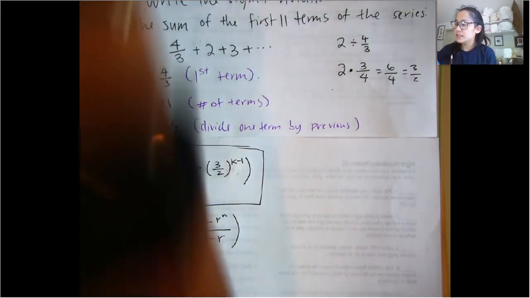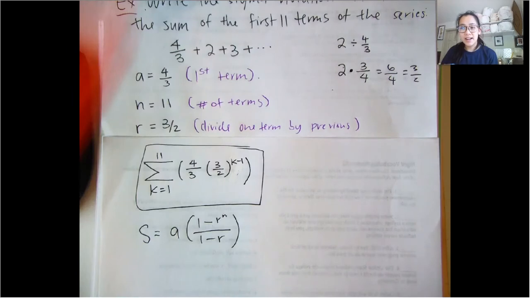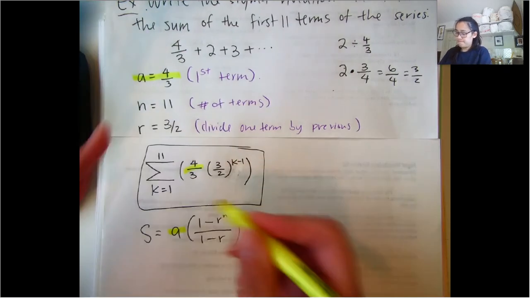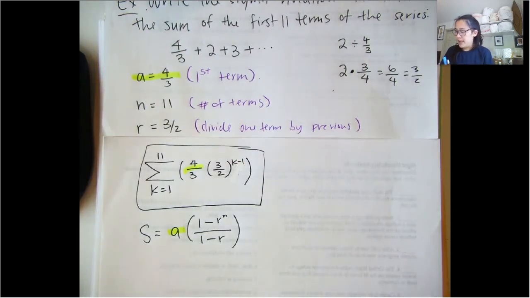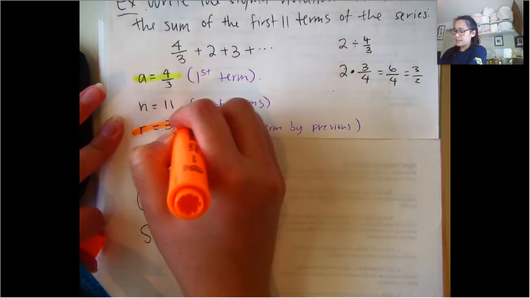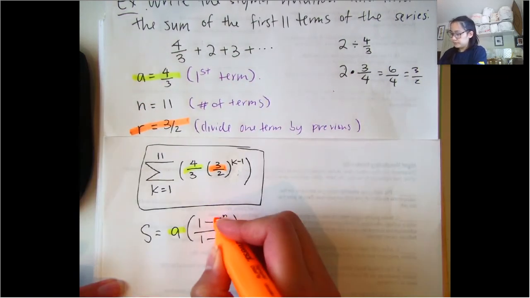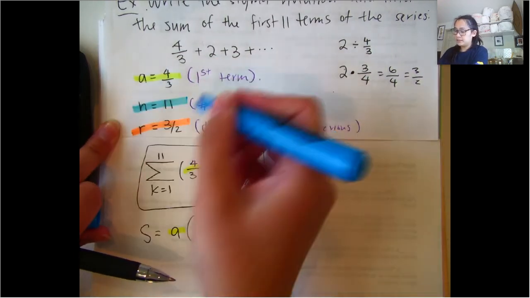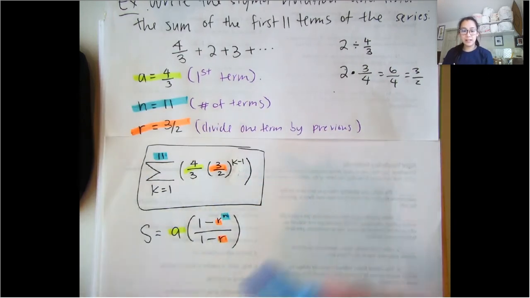Let's highlight those appropriately. A is 4/3, so that was this. And then R is 3/2, so we'll plug that in for R. And then N is 11, and we'll plug that in right there.